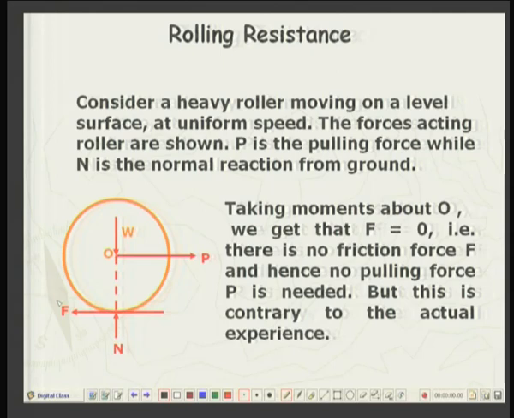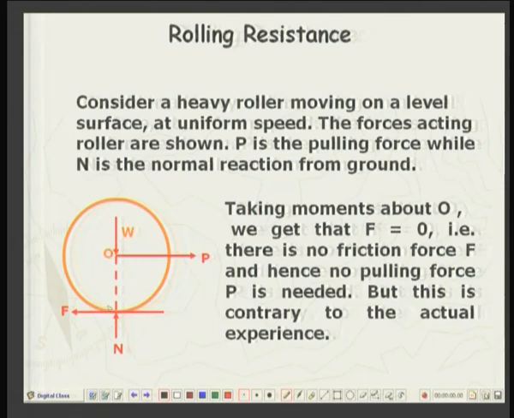Now, let us examine the state of equilibrium or state of uniform motion in the same straight line, that is also equivalent to, in a new inertial frame, a state of equilibrium. So, to examine that, I will take moments about the center of the roller. Now, W and N as well as P pass through the center of the roller.